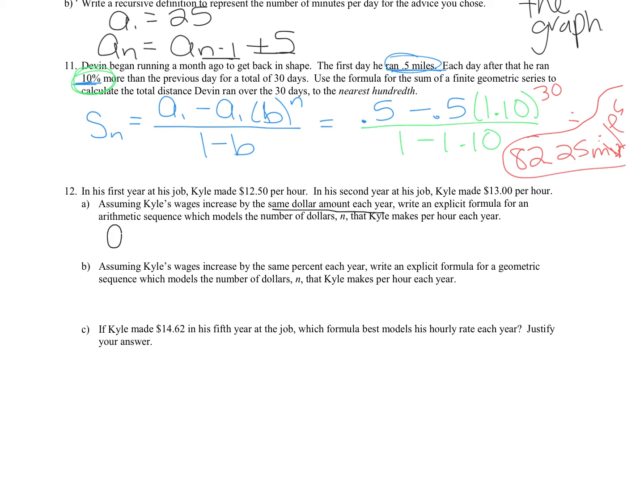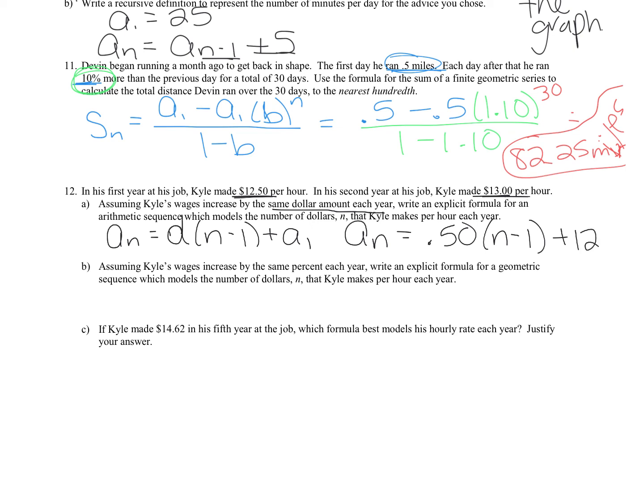So our formula for that, an explicit formula, would be d times n minus 1 plus a sub 1. So that's one of our formulas we want to know. So plugging that in, the common difference if he's going from $12.50 to $13 would be 0.50 or 50 cents. N minus 1, n is our variable like an x, and then he's starting at $12.50 in the first year, so that's going to go in there.